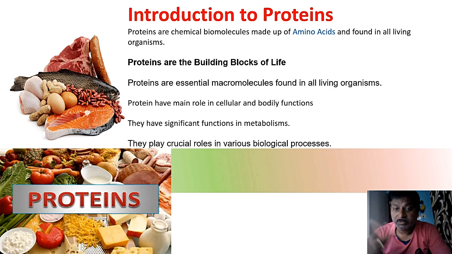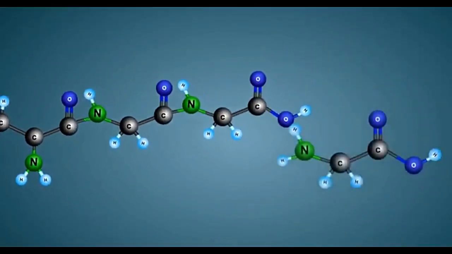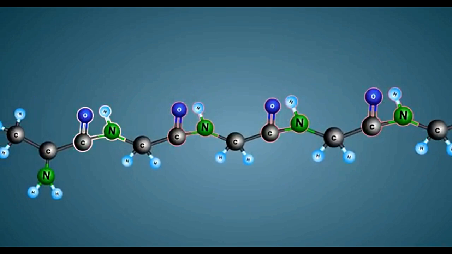Whatever the form of life, whether a single cell, a small virus or a bigger animal, all living organisms have proteins. Proteins are formed when a large number of amino acids bond together through peptide bonds.